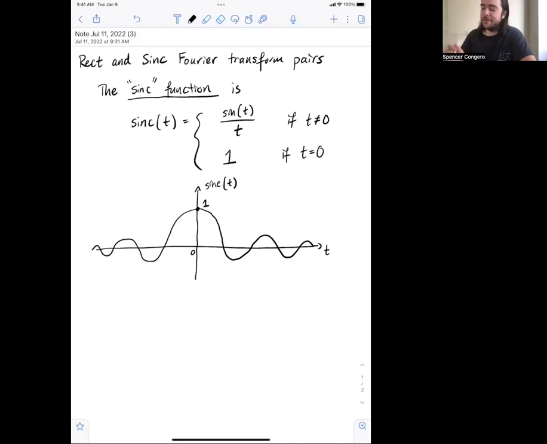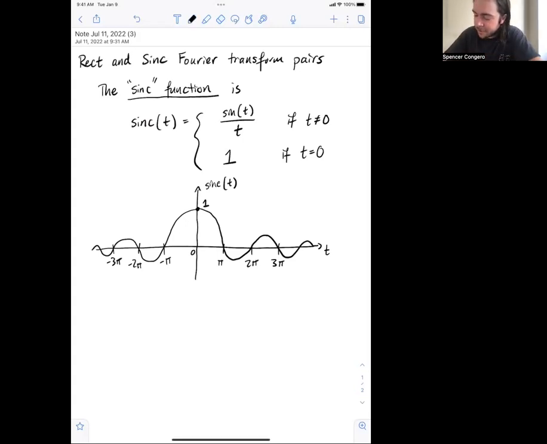I'm just not drawing it forever and ever, I'm just drawing it here. The 0 crossings on the t-axis are just when the sine function equals 0. And we know when those happen. Those happen at pi, 2 pi, 3 pi, and so on, negative pi, negative 2 pi, negative 3 pi, and so on. Okay, so that's the sinc function.